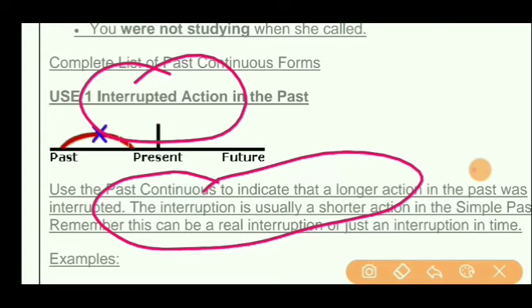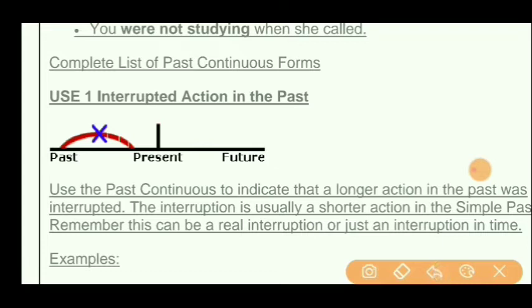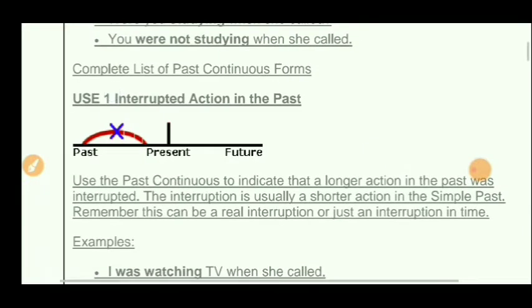Use the past continuous tense to indicate that a longer action in the past was interrupted. As I said, a longer action in the past was interrupted. The interruption is usually a shorter action in the simple past.